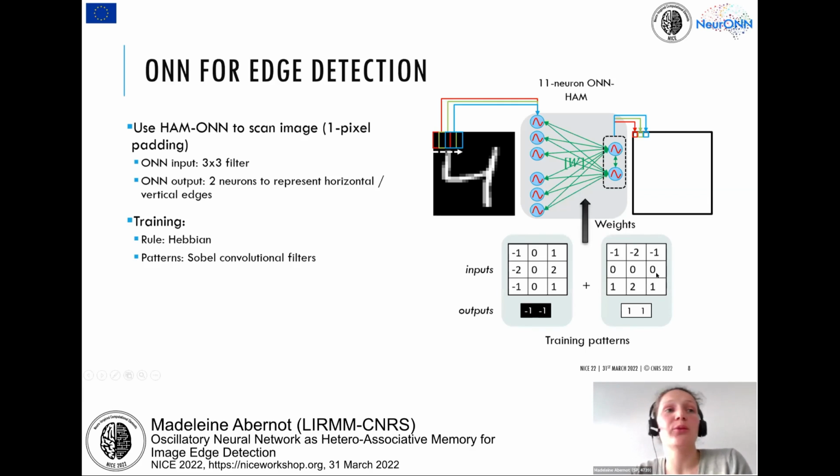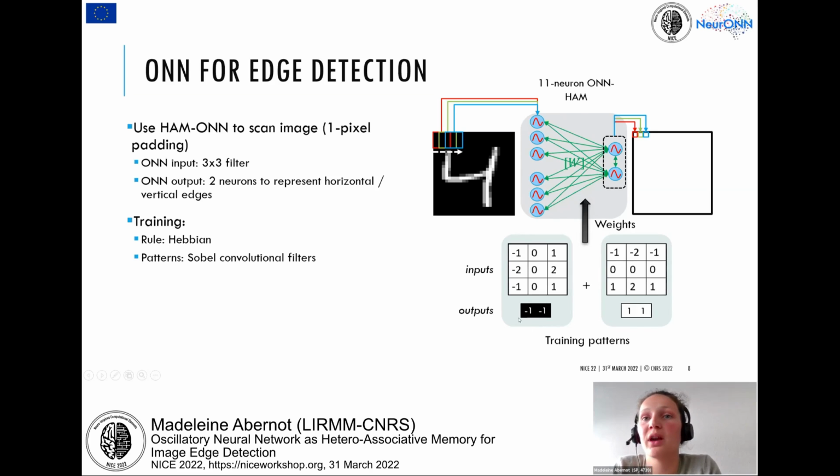To configure this neural network, we use the coefficients of the Sobel kernels we have seen before, and we associate the Sobel kernel representing the vertical edge with a pattern, and the Sobel kernel representing the horizontal edge with another pattern.